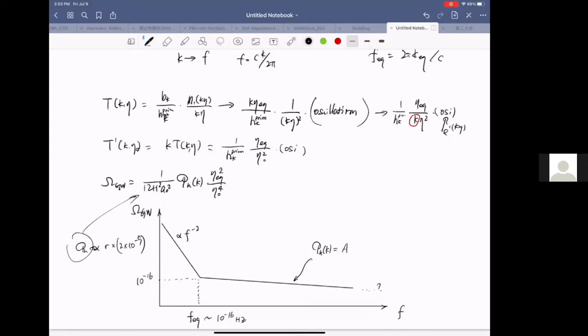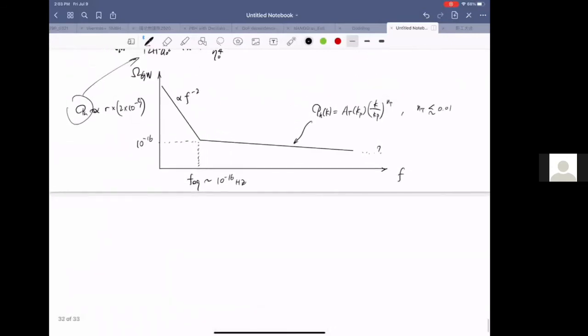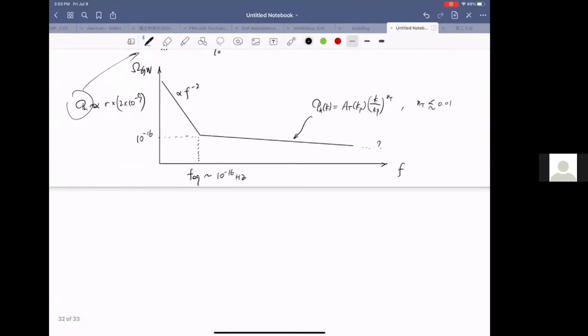So this is in some sense written as A_t of some pivot scale, (k over k_p) to the n_t. So n_t is very small. I forgot the Planck value, but it will be at most 0.1. Let me just write it. I will just tell you some numbers to make this clear.